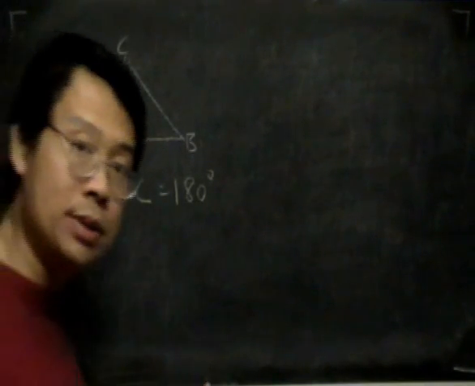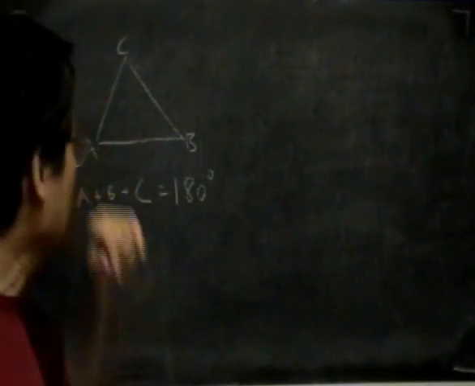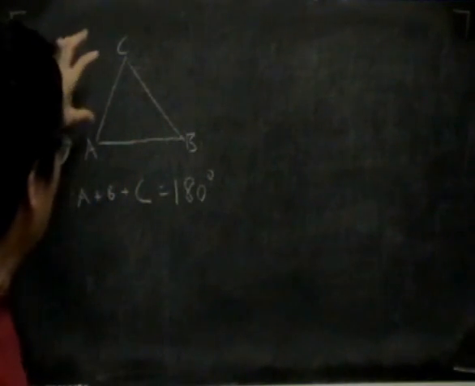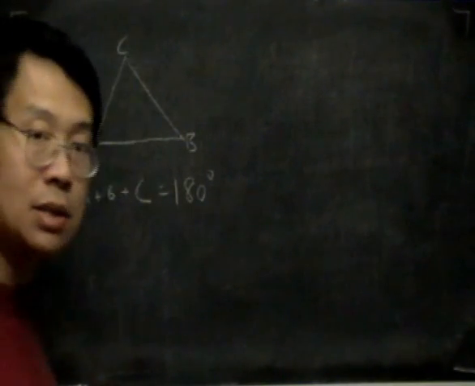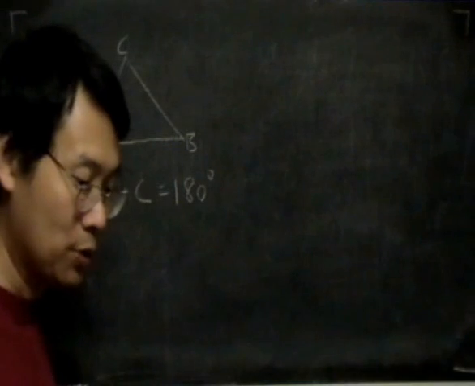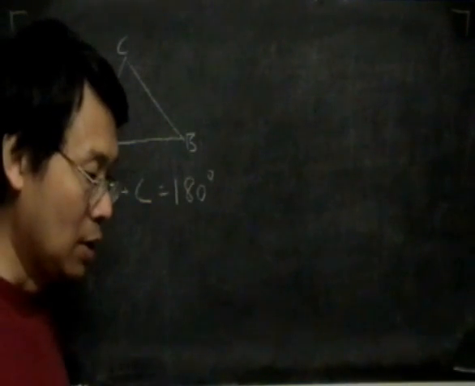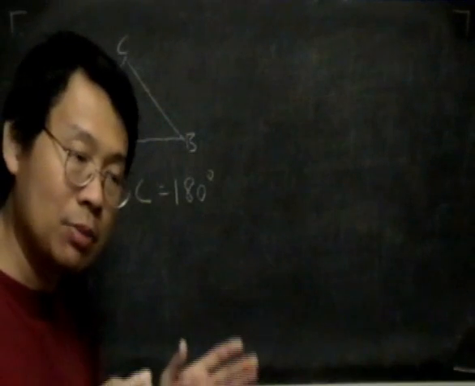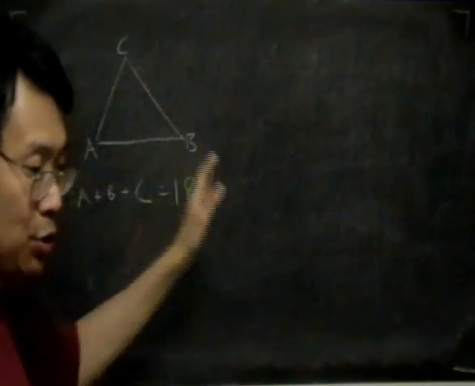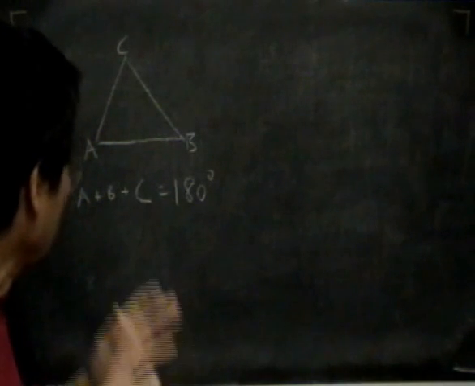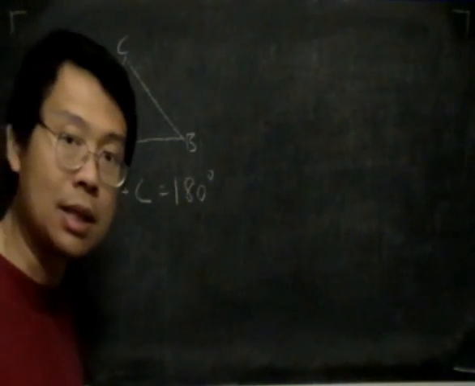Now, always means always. It means that if I have another triangle with different sides, which has different lengths on the sides, then if I add up the angles of that triangle, the answer must also be 180 degrees.